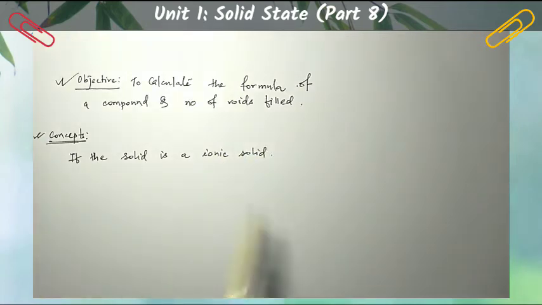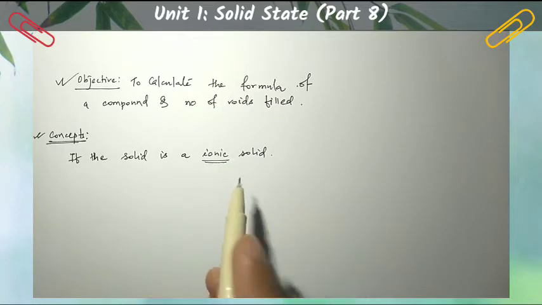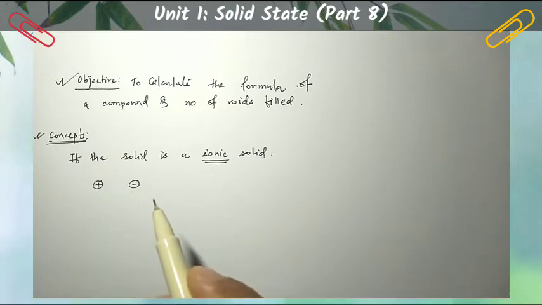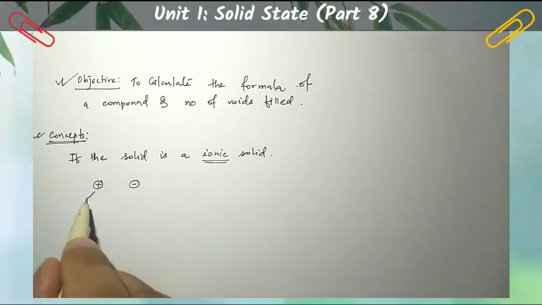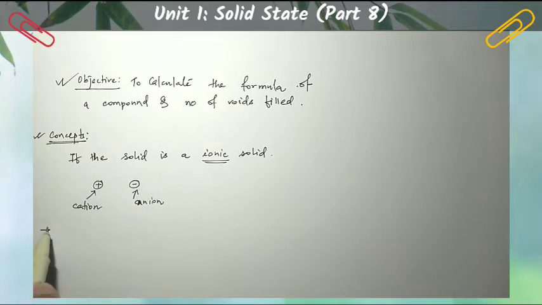For an ionic solid, the constituent particles are ions, that means cations and anions. This is your cation and this is your anion.